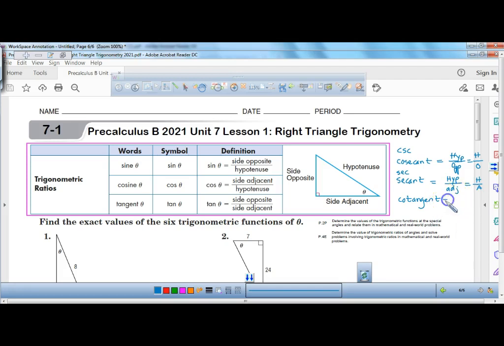Cotangent is the reciprocal of tangent. So instead of the opposite over the adjacent, it's the adjacent side over the opposite side, A over O, and that's also COT.